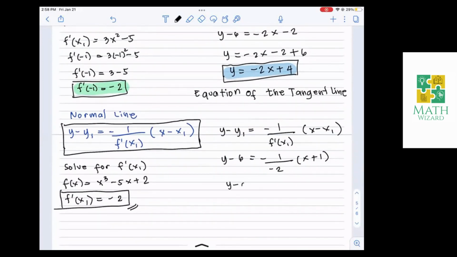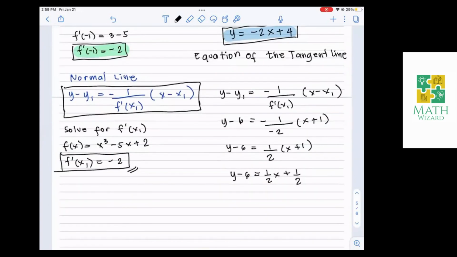So y minus 6 equal to positive 1/2 times x plus 1. So y minus 6, distribute natin si 1/2. It becomes 1/2 x plus 1/2. Yan. We need to add positive 6 to both sides of the equation. So it becomes y is equal to 1/2 x plus 1/2 plus 6.